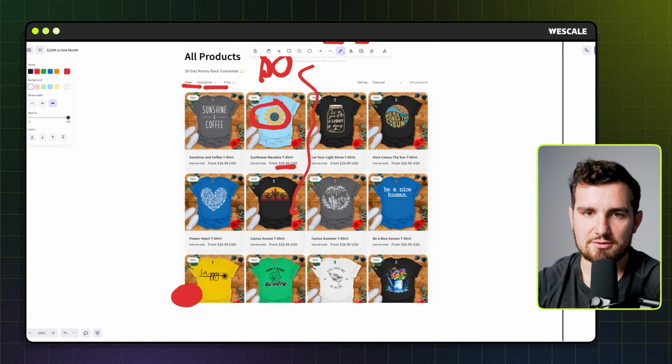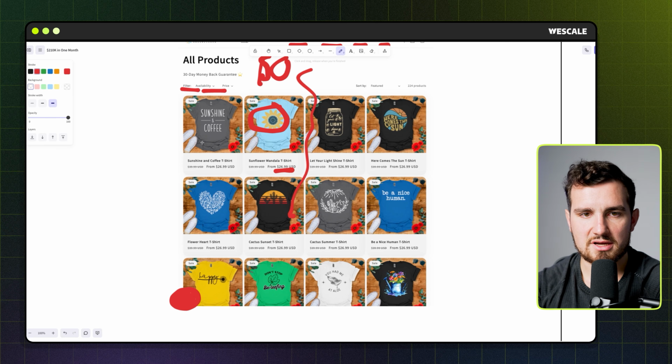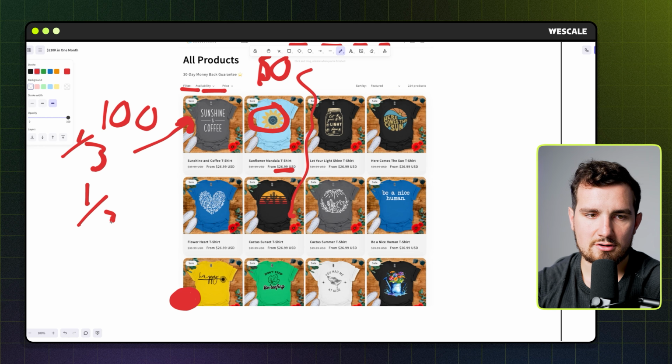But anyway, the real crux of the whole business comes down to the quality and the quantity of the products that we're creating. And so we pick a niche, thinking in broad strokes like yoga, outdoors, those kind of broad buckets. Then we come up with 100 designs, and we start with t-shirts in particular. We try to have roughly 33% be typography designs like these. Then roughly another third we try to do as graphic designs like these.